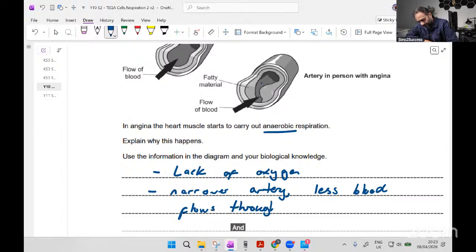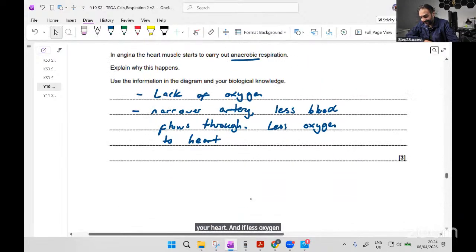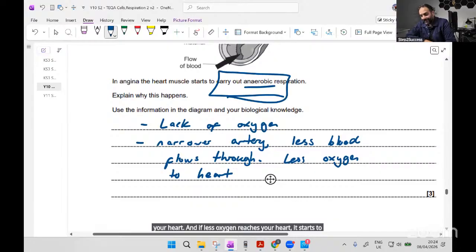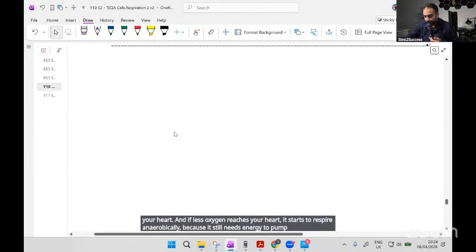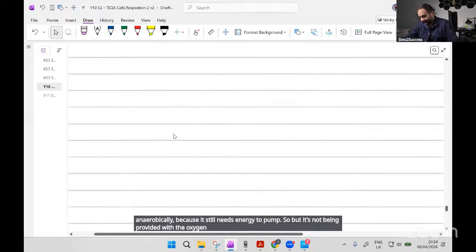And since less blood flows through, less oxygen reaches your heart. And if less oxygen reaches your heart, it starts to respire anaerobically because it still needs energy to pump. But it's not being provided with the oxygen, and that can eventually lead to a heart attack.